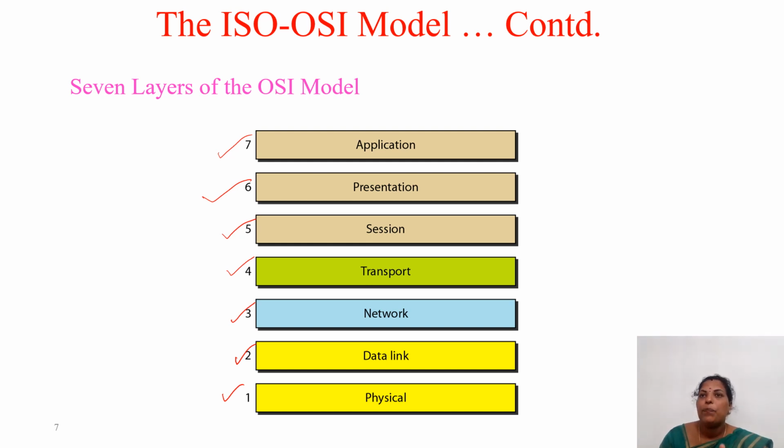Say for example, if two devices are connected by a point-to-point link, in such a case the network layer need not be implemented in the architecture, because a dedicated point-to-point connection is there directly. So in such a case, the network layer is not necessary.